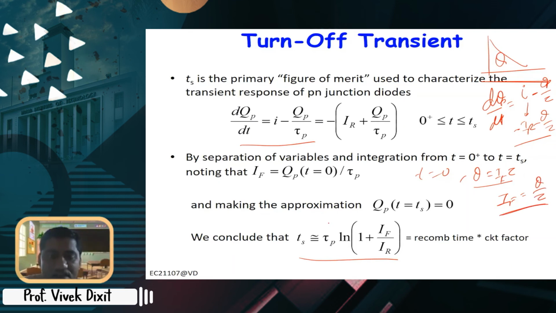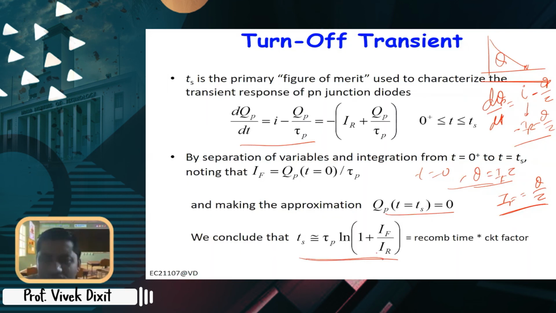So you can write q as IF times tau. So this is the charge at t equal to 0. At t equal to the end of the storage time, Ts, q will be 0 because the charge has been extracted. With these two conditions, if you integrate it, you will get this expression.